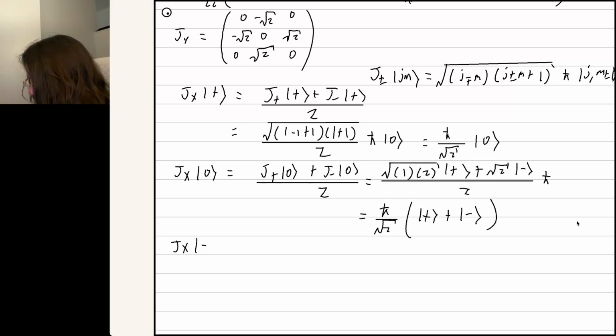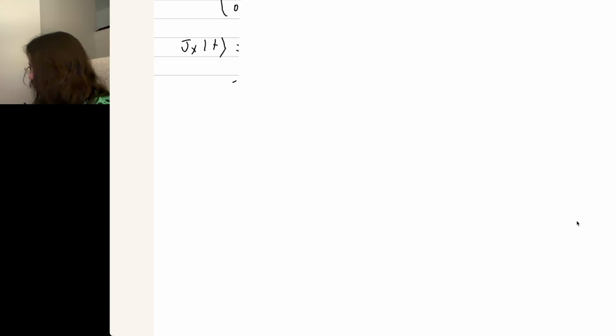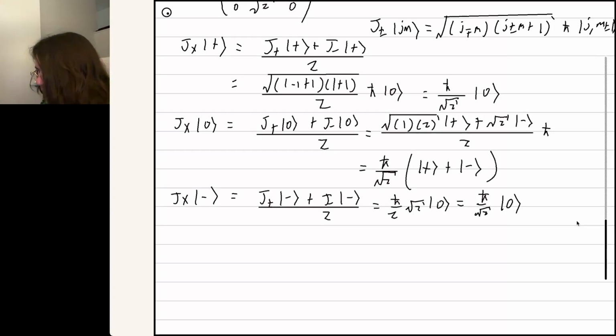If you operate jx on the down vector, you have j plus down plus j minus down over 2, which will just leave you with an h bar over 2 root 2 0 vector. So h bar over root 2 0 vector. All right.